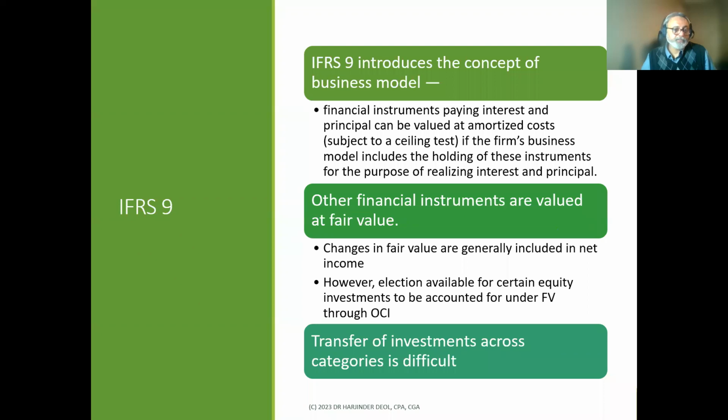Nor can you reclassify shares that were earlier accounted for as fair value profit or loss into fair value OCI. So for shares, intercategory reclassifications are not possible. For bond investments, it is possible, but there are guidelines that have to be followed. It's kind of difficult.